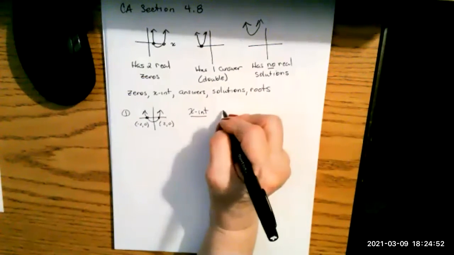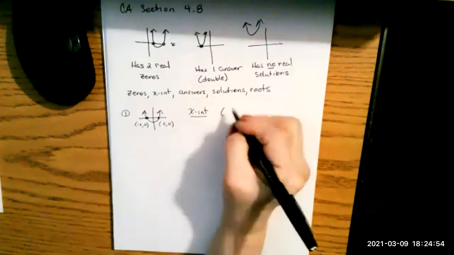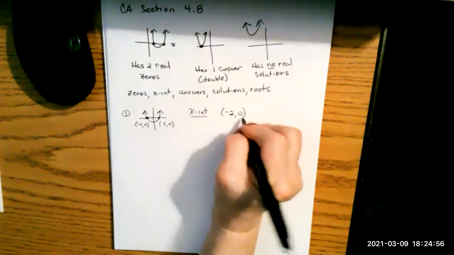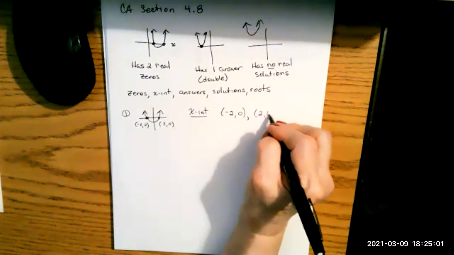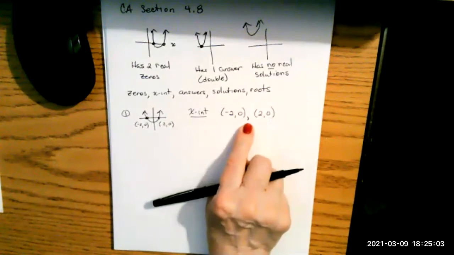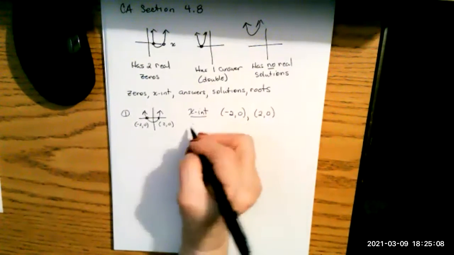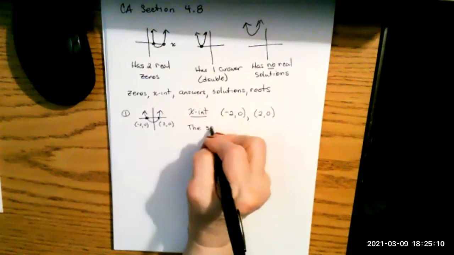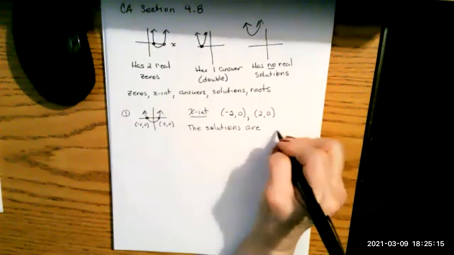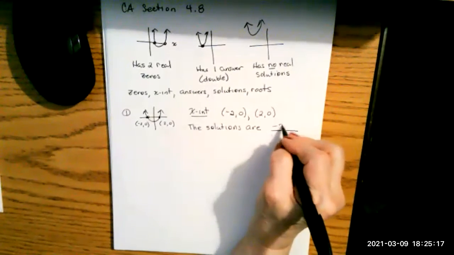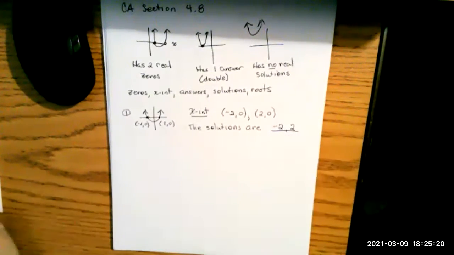Remember, if it's asking for x-intercepts, it's probably going to want the ordered pairs. So -2, 2, and don't forget to put this little comma. I don't know if they're counting it wrong or not if you don't put that little comma, but be sure you put a comma between your two answers. Then it says the solutions are, and then it has a blank there. That's where you can put -2, 2. See the difference between writing the x-intercepts and the solutions.